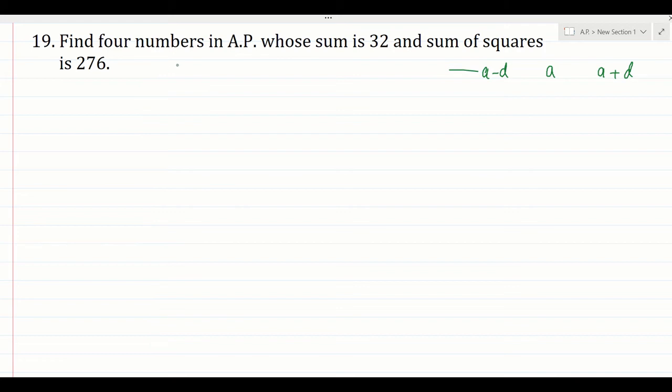So whenever four numbers in AP are given, for simplicity, we suppose them as a minus 3d, then a minus d, then a plus d, then a plus 3d. This is the simplest supposition. If you suppose this way, our simplification becomes easy.